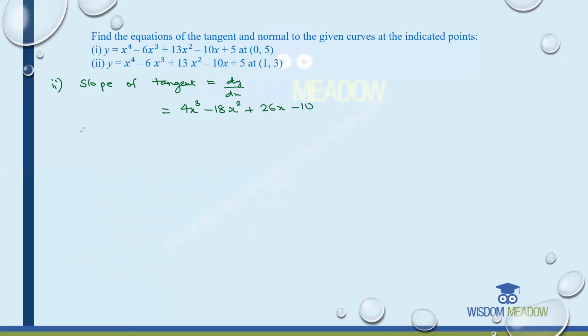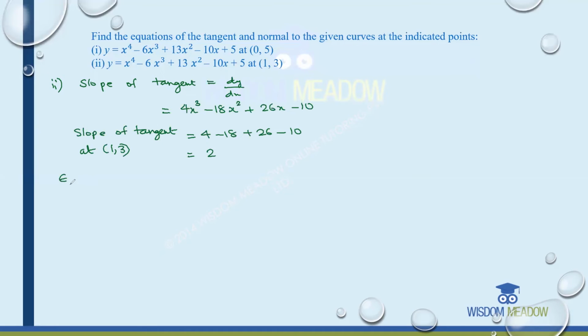Again, the slope of the tangent at (1, 3), substituting the value of x as 1: 4 minus 18 plus 26 minus 10. So that's going to be 2.